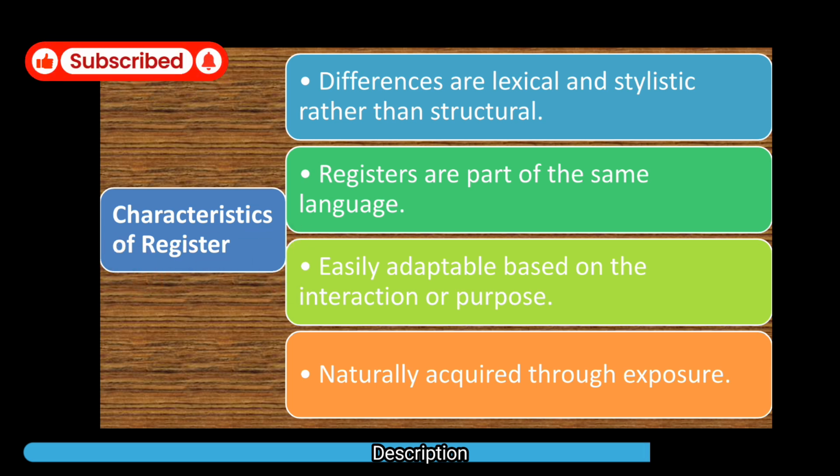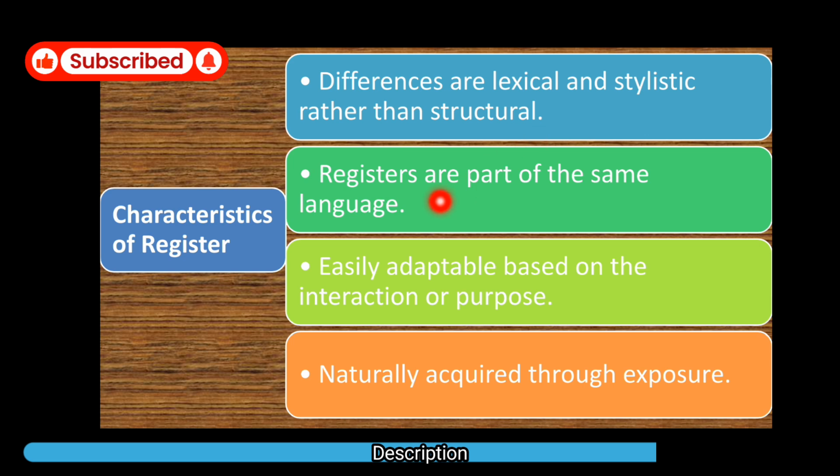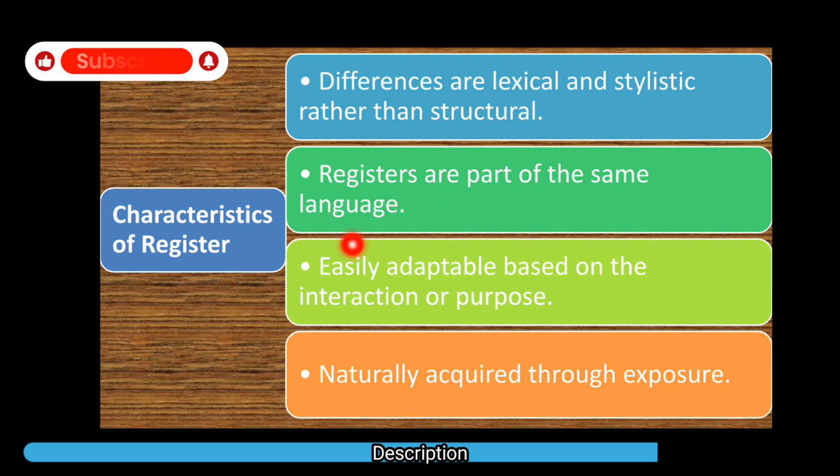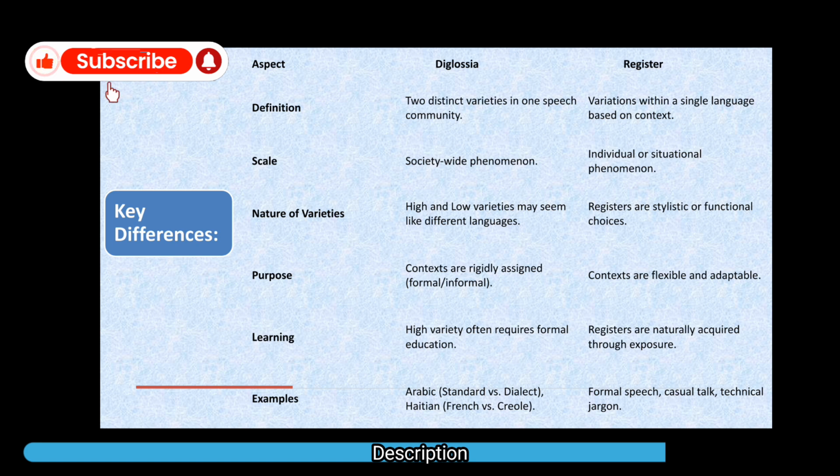Characteristics of register: differences are lexical and stylistic rather than structural, and registers are part of the same language, easily adaptable based on the interaction and purpose, and naturally acquired through exposure, not at home as the first language.